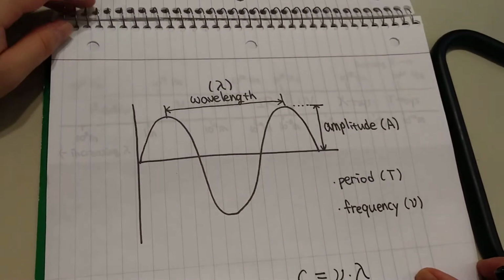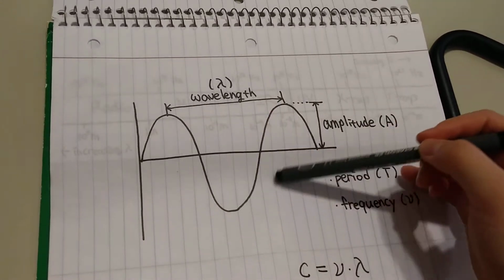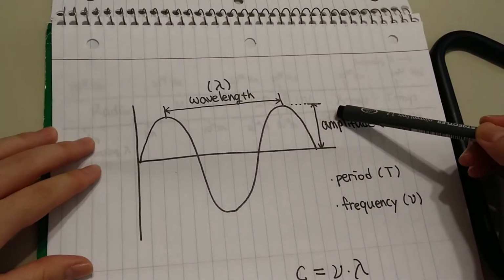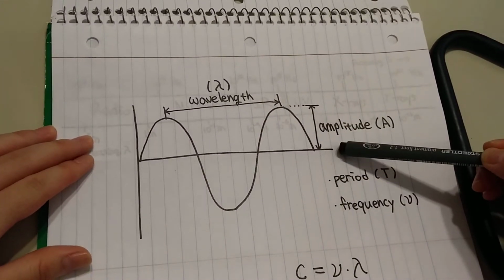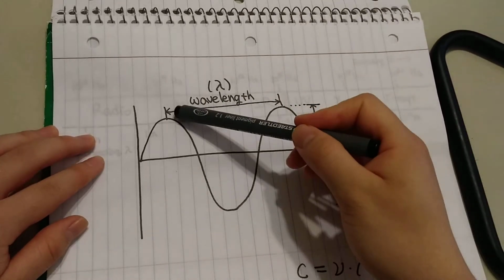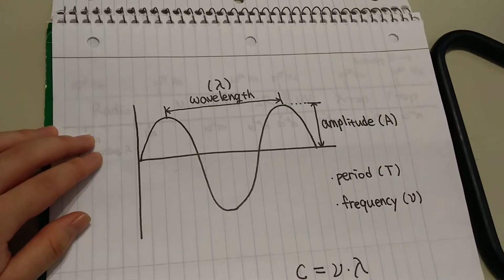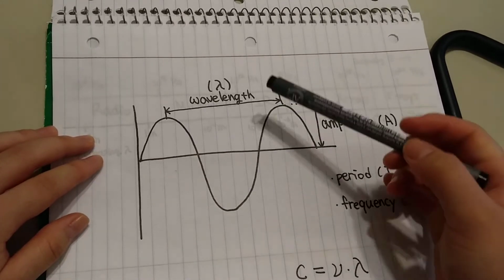Now let's learn some terminologies. If there is a wave, this is amplitude, the maximum magnitude of displacement, and the distance between successive wave peaks is the wavelength. Basically, it represents one cycle.